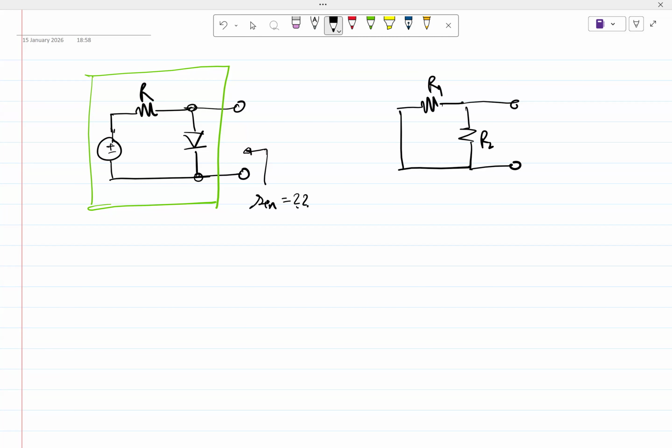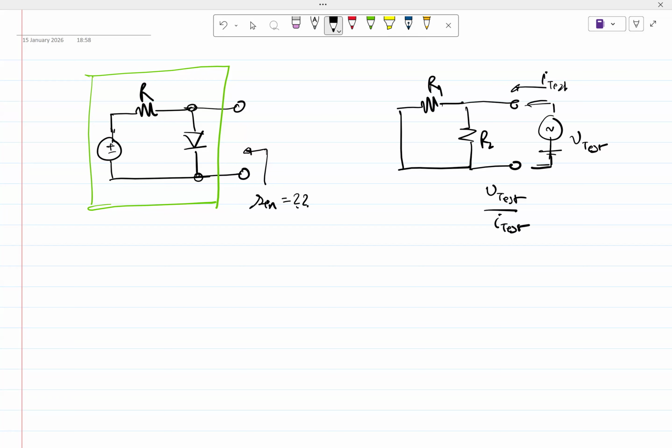For the circuit on the right, if I apply a test voltage and find out the test current, this value of V test over I test is independent of whether I have any DC voltage source anywhere. As long as this V test is incremental, I'm not talking about the exact V test.